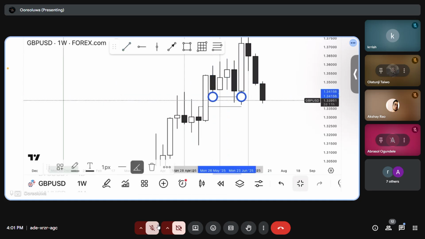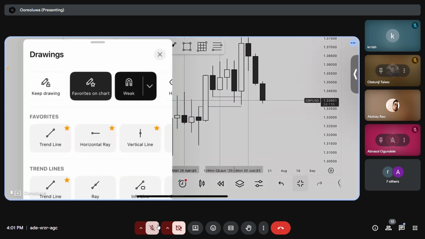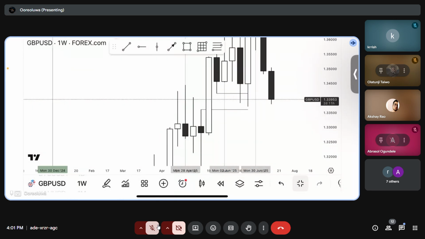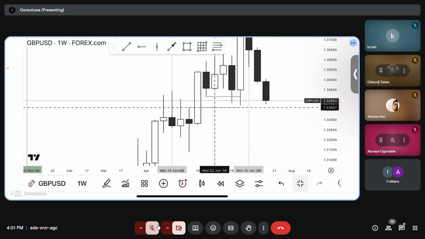So that's the key level we are looking at. Expect price to tap into this key level. This is the only key level you saw, this other block and this fair value gap.